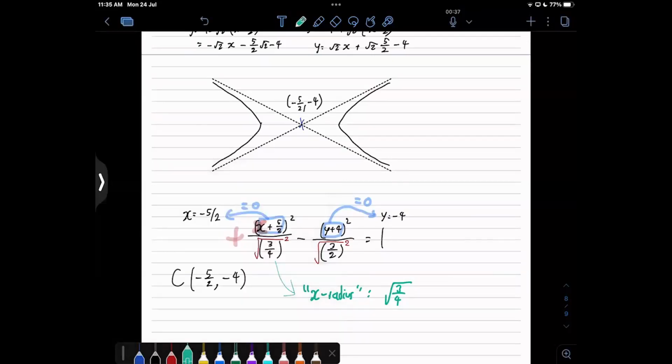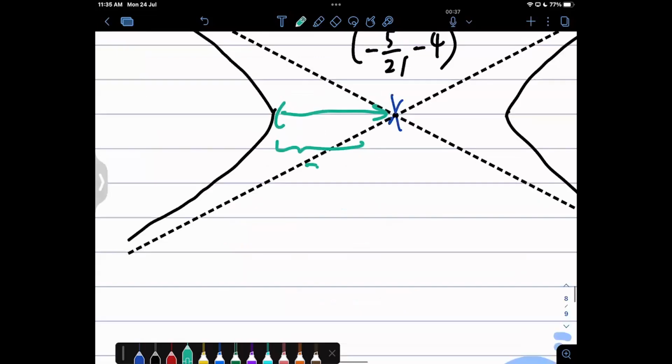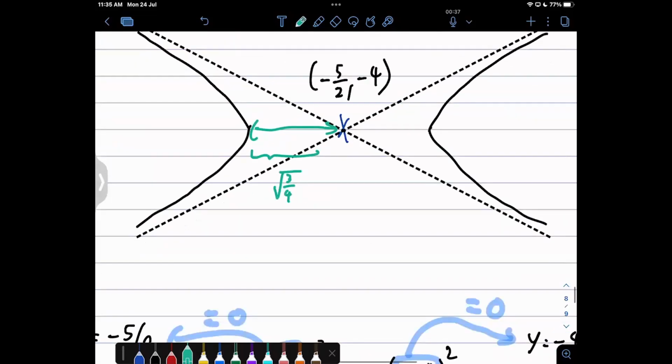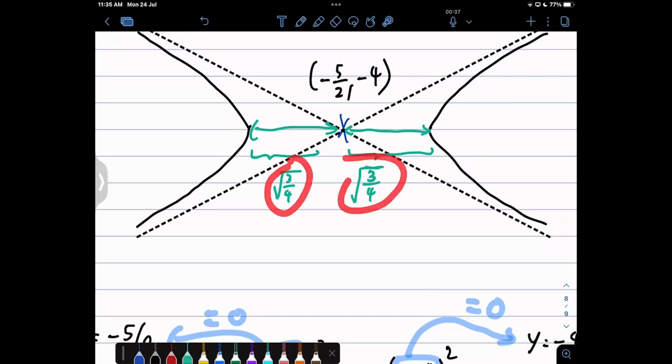It's actually over here. This distance here, let me zoom in, is square root 3/4. Likewise, for this other distance here, it will also be square root 3 over square root 4. Okay, I just write the whole thing. I know you can simplify this into square root 3/2, but let's not bother with that.